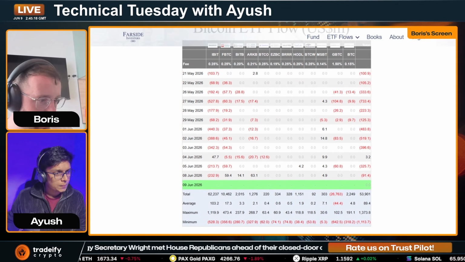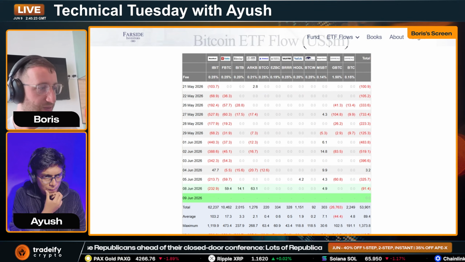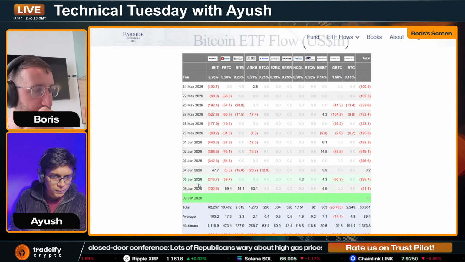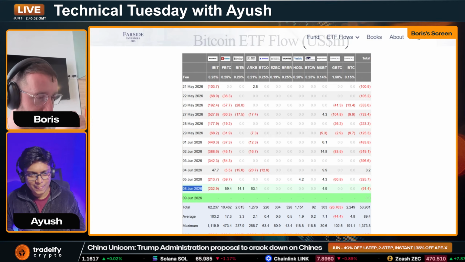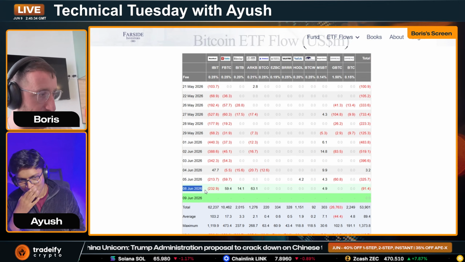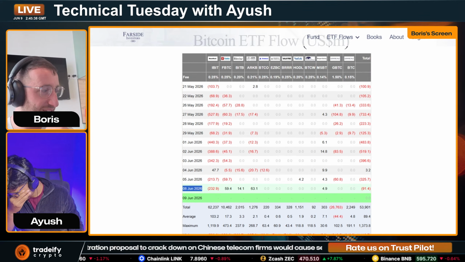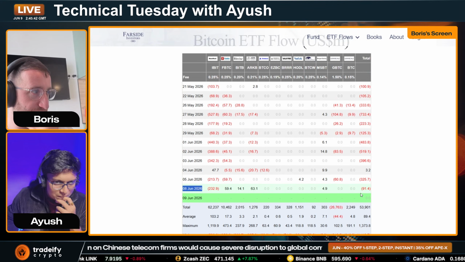Oh, this is very disappointing data. Why? Because we were talking about the ETF flows yesterday, and we only had data up to Friday, and I thought that Monday's data, so yesterday's data, would have been positive, but no, it's more outflows. That's unbelievable.